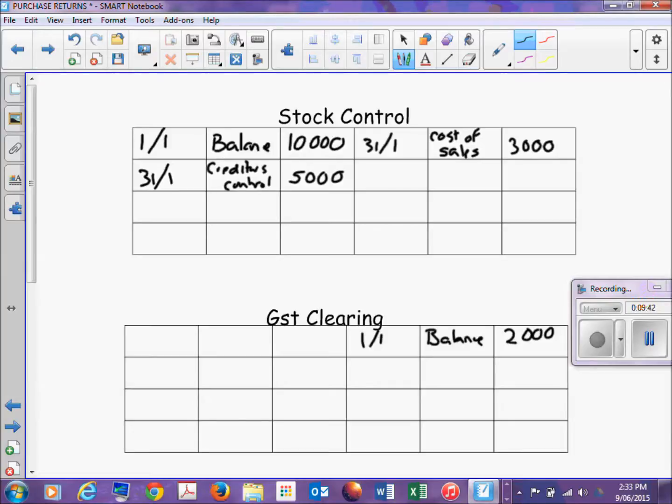The credit side is correct. What will the cross-reference be if I sold it on credit? Very good question. I sold it on credit. Debtors control.